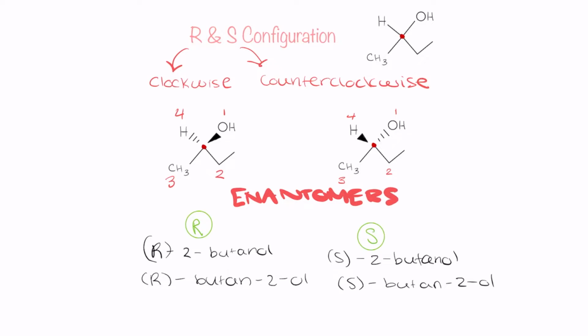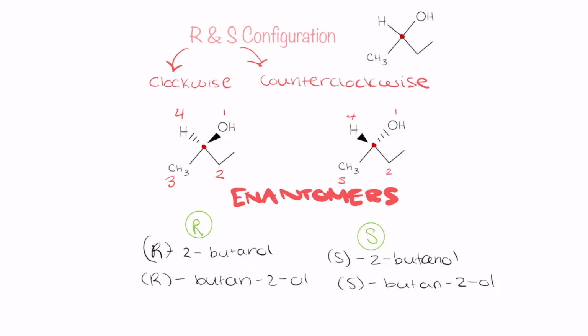Again, that's when you have compounds that have the same connectivity but opposite rotations around their chiral centers. So for instance, this guy has an R, clockwise rotation, and this guy has an S, counterclockwise rotation, while these atoms are attached to the same groups.